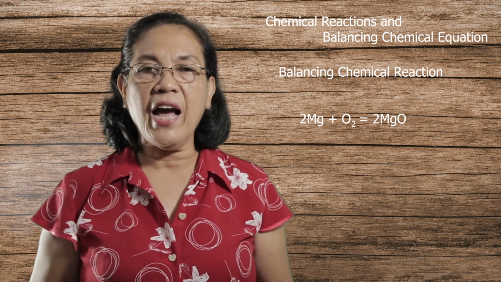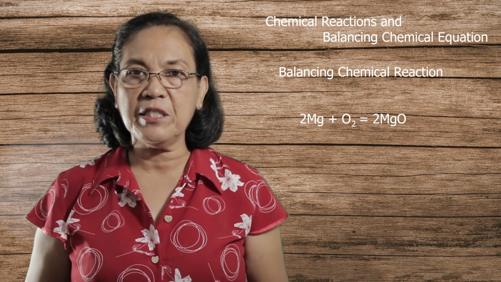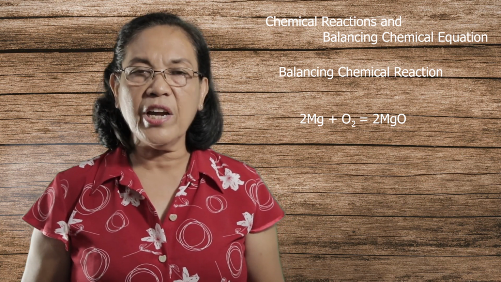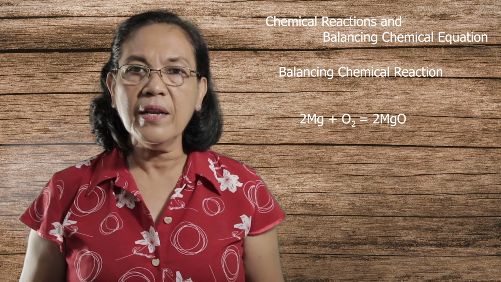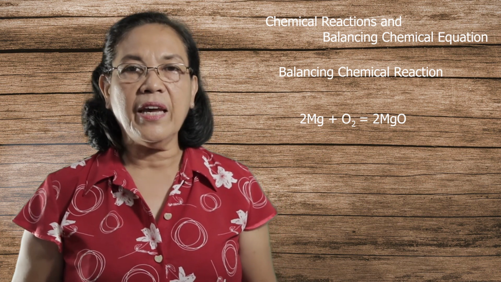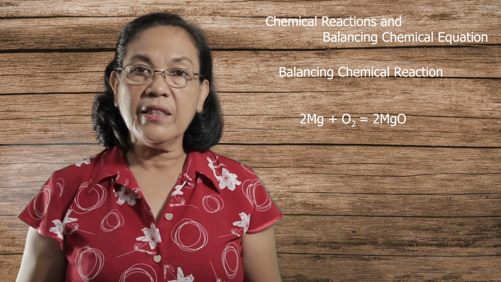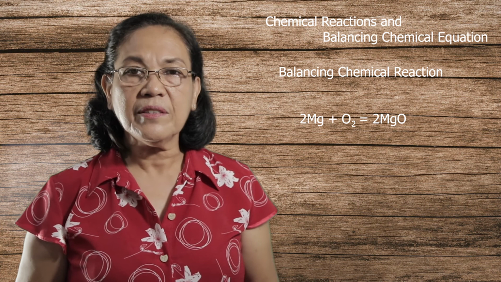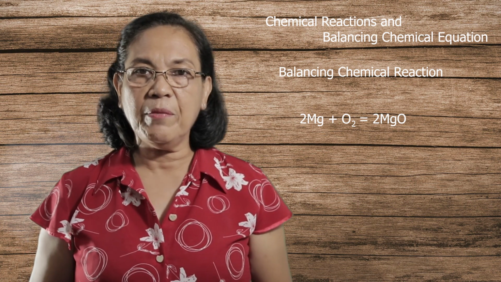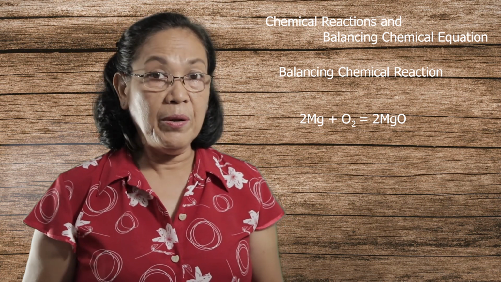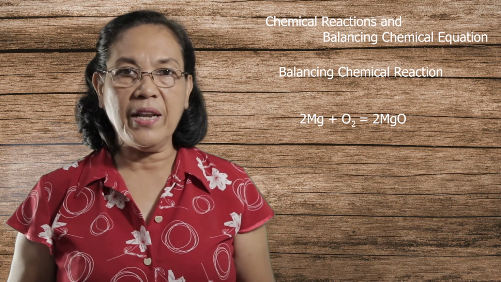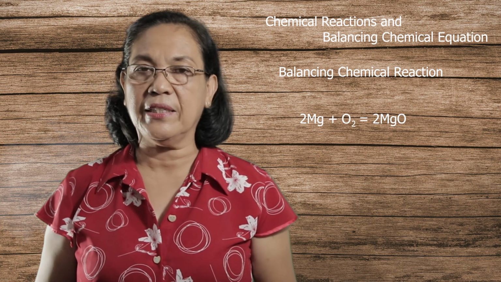You check how many atoms are there forming this product. If you check it, there is one atom of magnesium and one atom of oxygen. But look at your reactants. You check whether there is one atom of magnesium. When you look at it, there is also one atom of magnesium in the reactant.